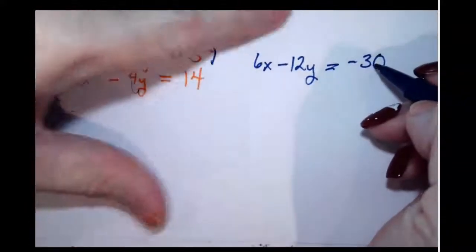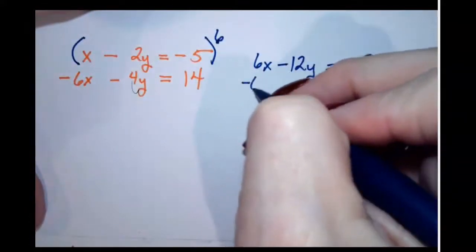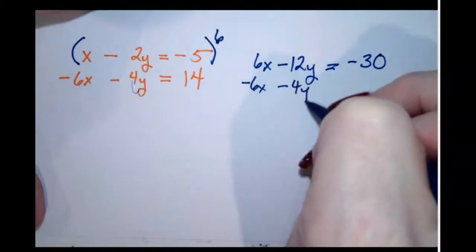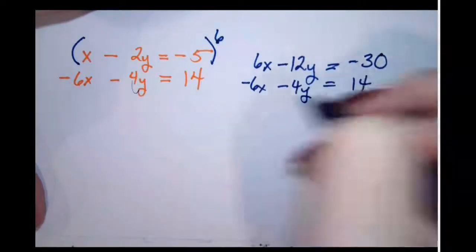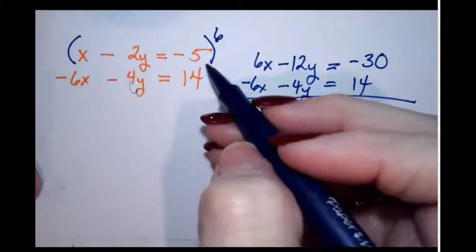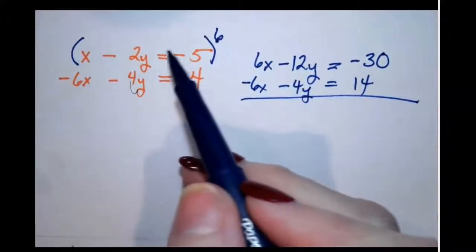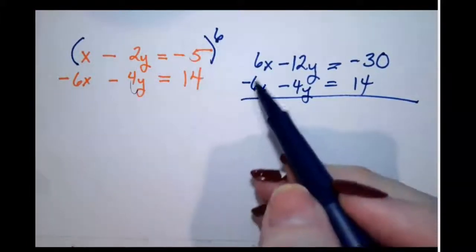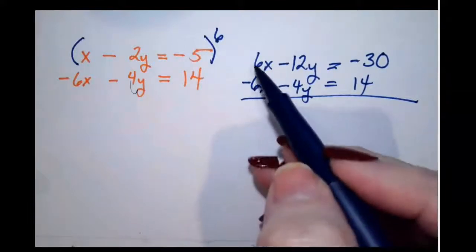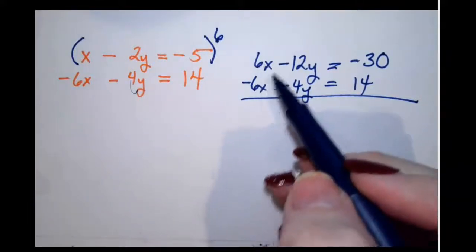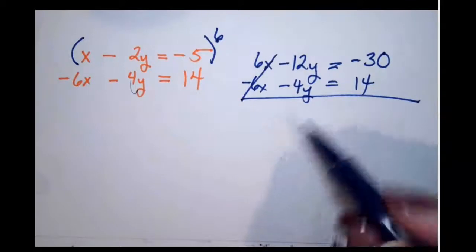And now I'm just going to write down the other one. Negative 6x minus 4y equals 14. Now that I multiplied this top one by 6, look what happens right here. The negative 6x and the positive 6x, now they do cancel.